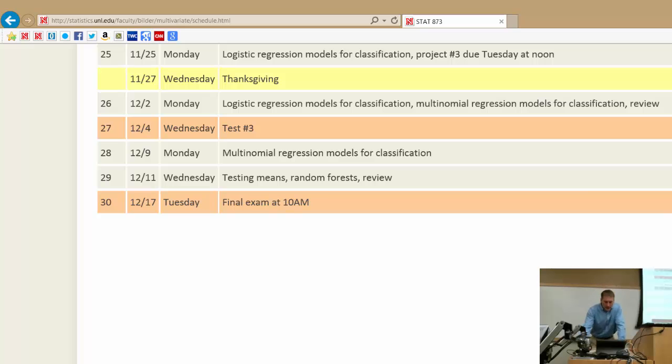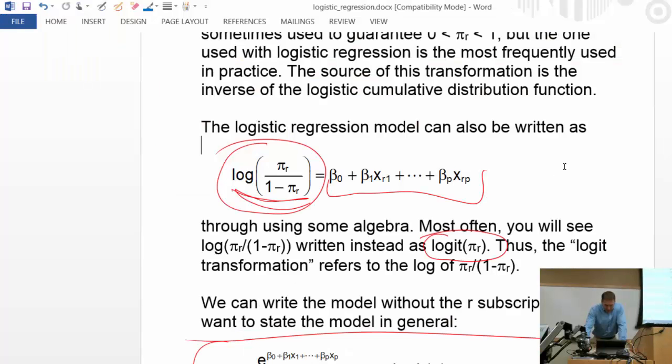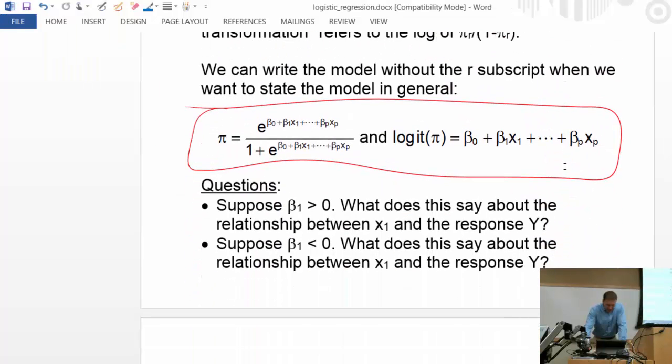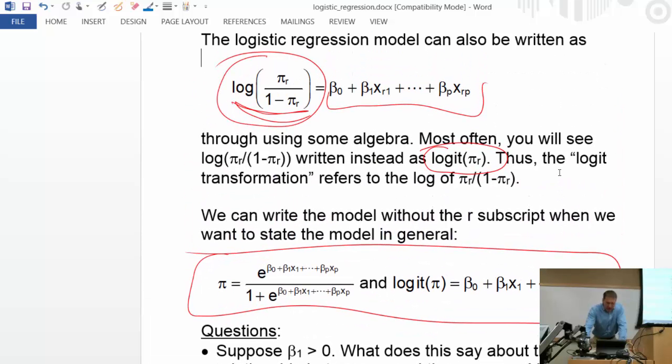Okay. We're talking about logistic regression. And right now what we're doing with logistic regression is just giving you enough background, essentially as quickly as possible, so that we can get to the purpose of using logistic regression, and that is to predict the population of an observation.